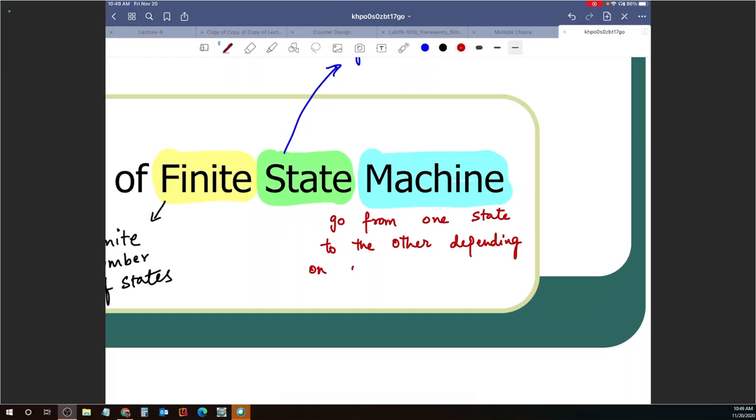And there are two types of finite state machines. In one, we don't use the inputs, we just use the sequence of past inputs. In the other, we include both inputs and the sequence of past inputs. So there's a differentiation there. So that's why machine.